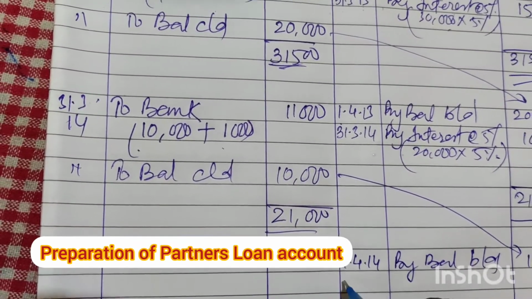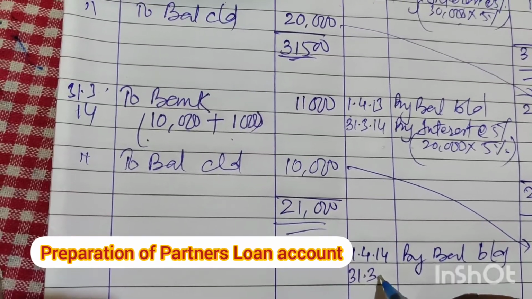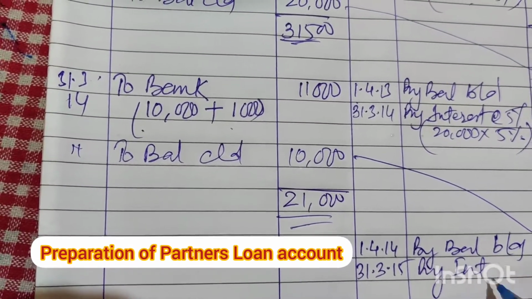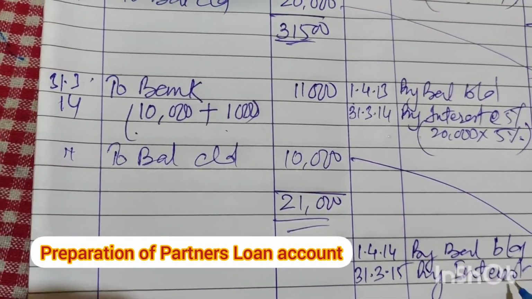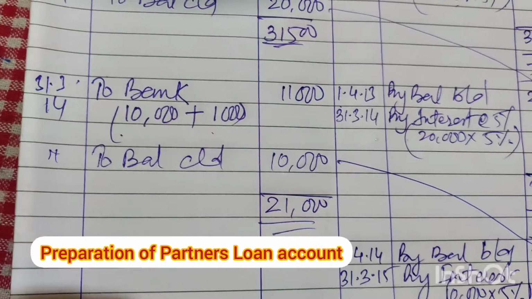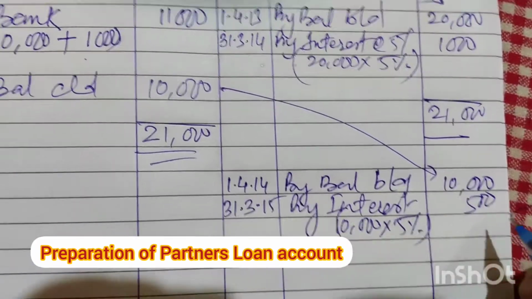This 10,000 we have to pay at the end of the year. First we calculate interest at the end of the year, by interest. At the rate of 5%, 10,000 into 5% is 500, the amount of interest.